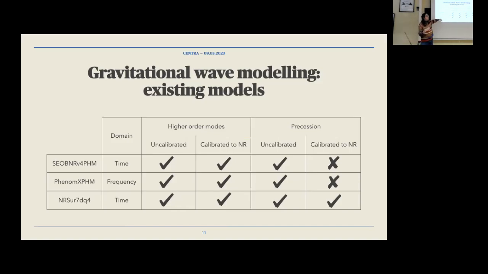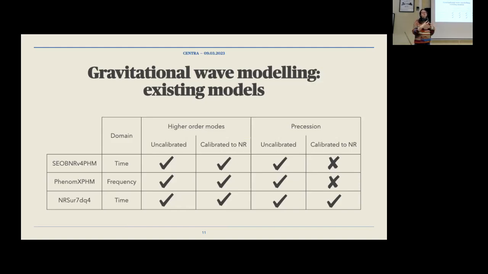The NR surrogate family uses a completely different approach, where they instead produce thousands of numerical waveforms across the parameter space that they wish to make a model for, and they then interpolate between each of these models purely numerically with no analytical information. This approach is therefore extremely accurate.